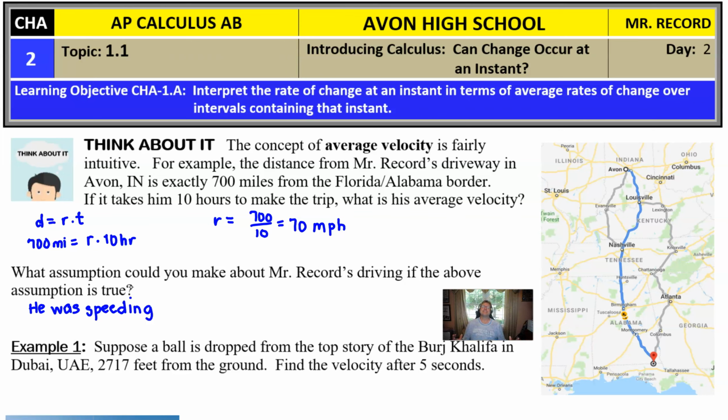All of those are times I was certainly traveling at less than 70 miles an hour, let's hope. Because of those times that I was under 70, it's very likely that there were other times that I was over 70 to balance that out. That's a really important idea in calculus that you're going to learn later called the mean value theorem. I'm just laying the foundation right now.